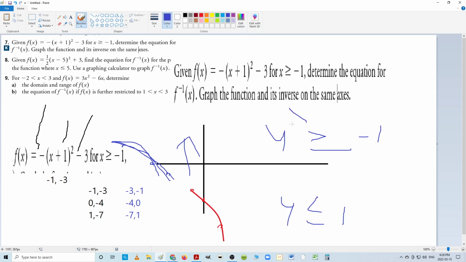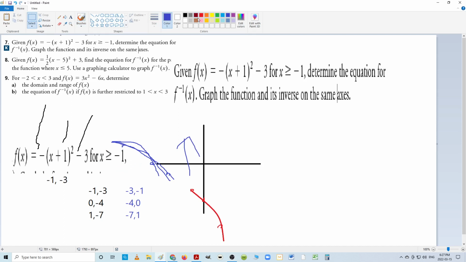So over here it'll be x is smaller or equal to minus 3, which makes sense because the vertex is right there. So to rehash, both the domains and ranges will flip.